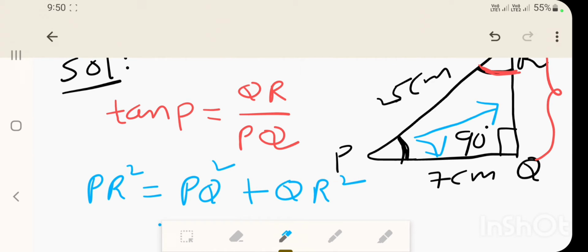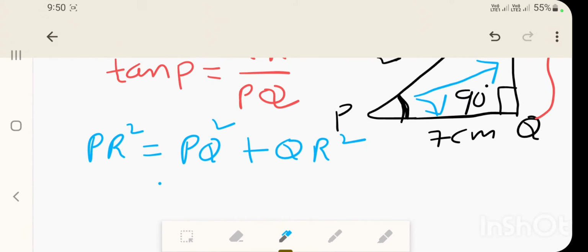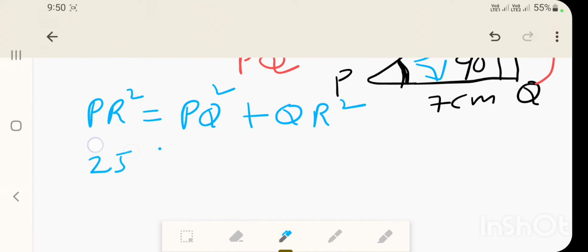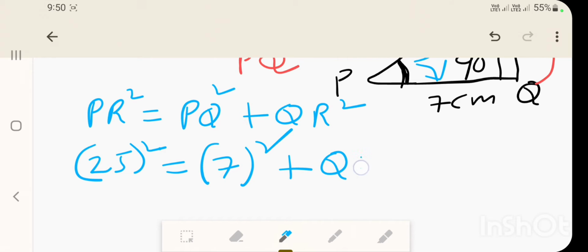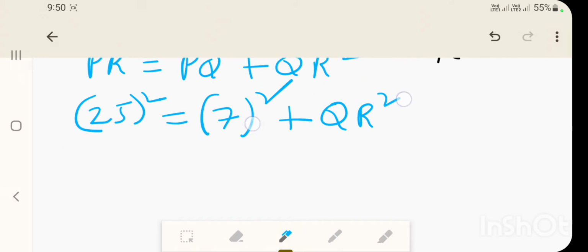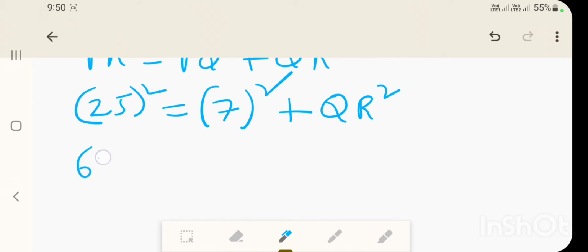So here PR, that is the given hypotenuse, is 25, so we have 25 square, and PQ is given 7, so 7 square, and we need to calculate QR. Okay, 25 square we know that it is 625. These are the squares which you have to memorize. 7 square we know, in the 7 table, 7 into 7 is 49.